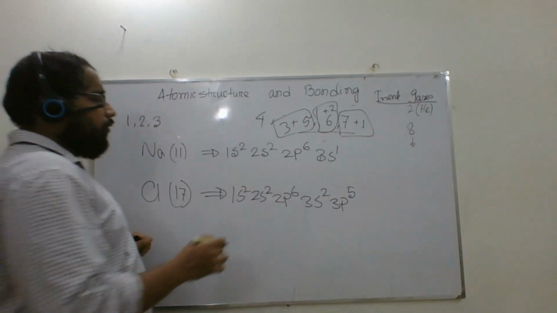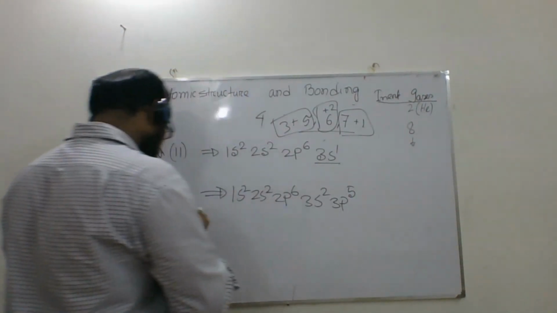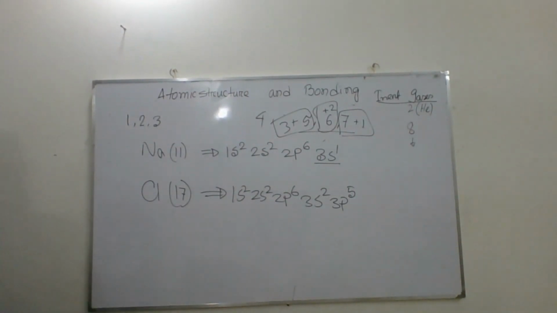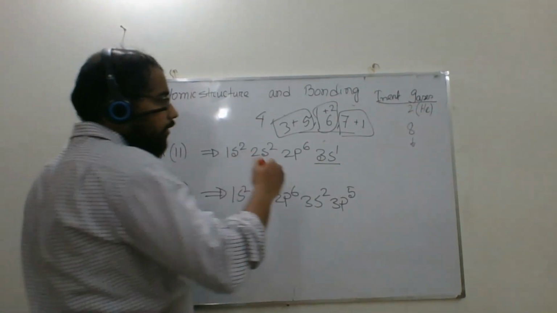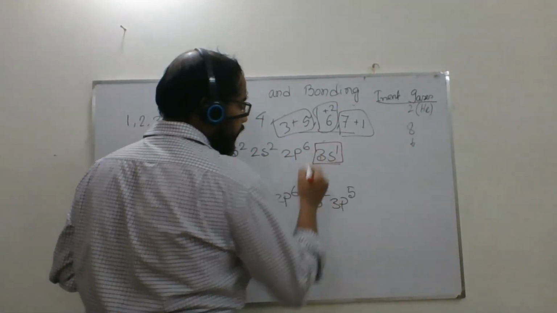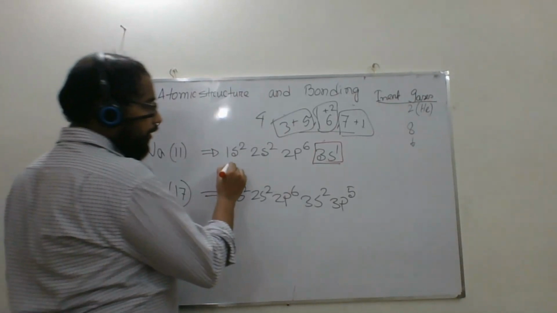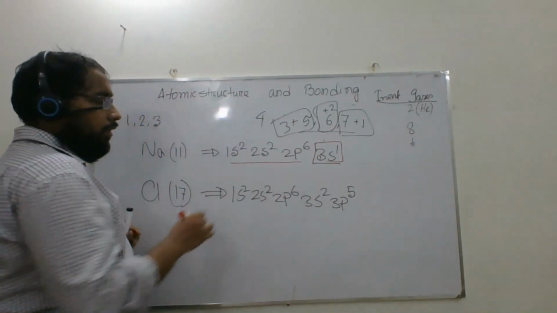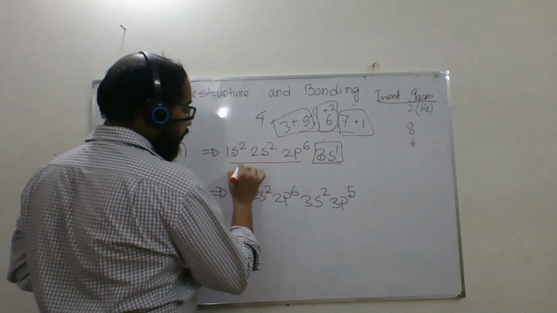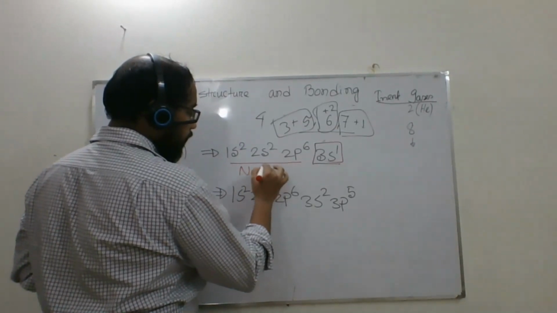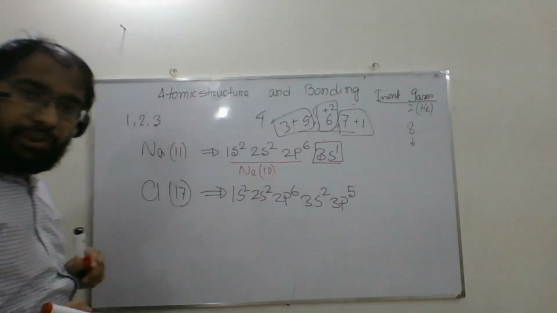Now, when sodium donates this electron, then this electron is no more with the sodium. So sodium has octet structure which is equivalent to the neon 10, which is a really stable structure.